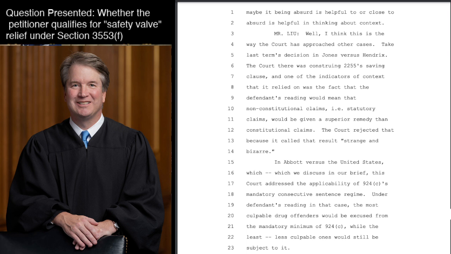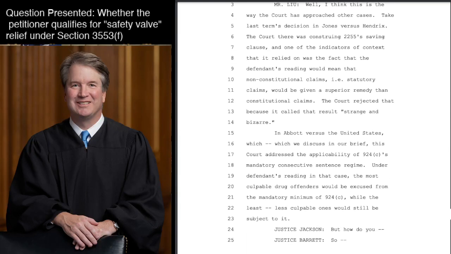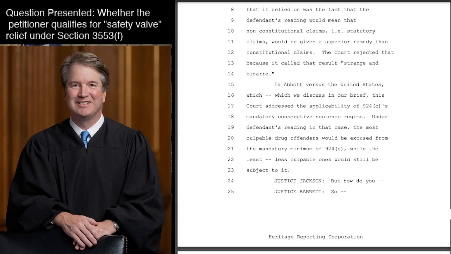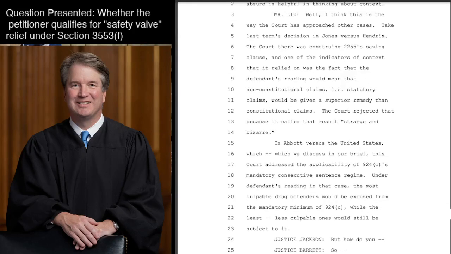The Court rejected that because it called that result strange and bizarre. In Abbott versus United States, which we discussed in our brief, this Court addressed the applicability of 924(c)'s mandatory consecutive sentence regime. Under defendant's reading in that case, the most culpable drug offenders would be excused from the mandatory minimum of 924(c), while the less culpable ones would still be subject to it.